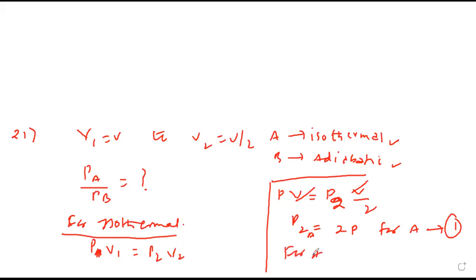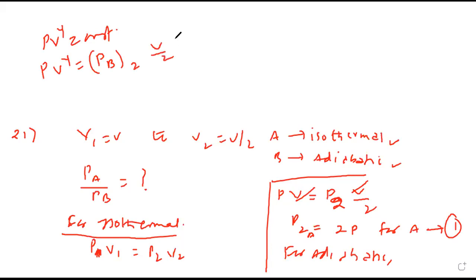Now for the adiabatic process, you know that PV raised to gamma is constant. So it will be P V raised to gamma equals PB in the second case, V by 2 raised to gamma.